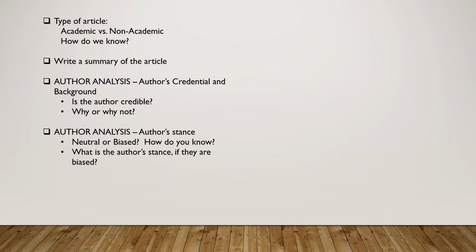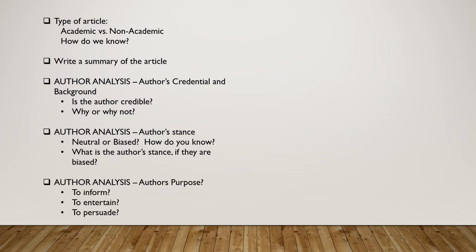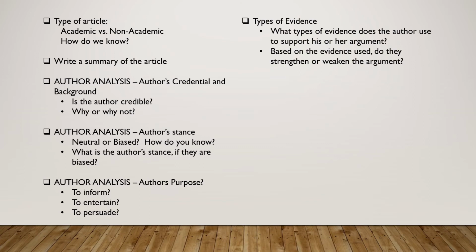We discussed if the author is neutral or biased. How do you know? What is the author's stance if they are biased? And then I mentioned this already, but the author's purpose. And remember, we talked about 3 different types of purposes.